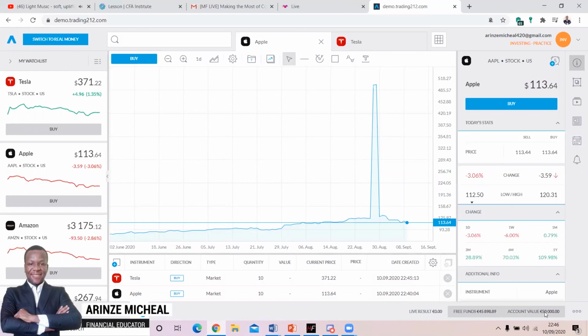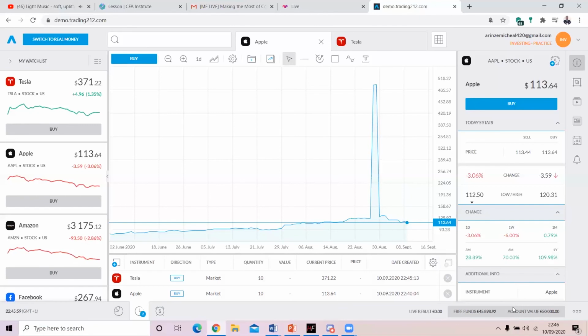So it means I've used up about 4,100 and something euros from my account value. So these are some of the basic tools and basic ways you can set up your Trading 212 account and place the buy order and sell order.